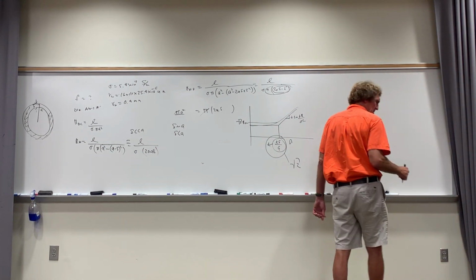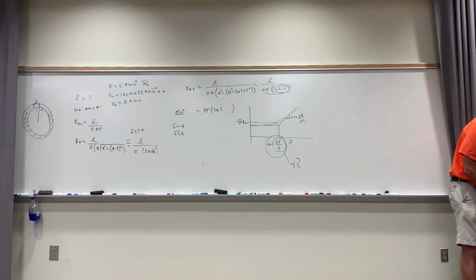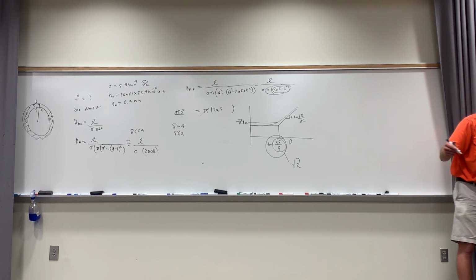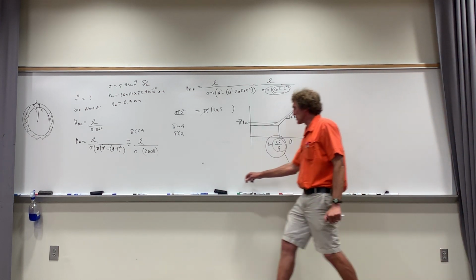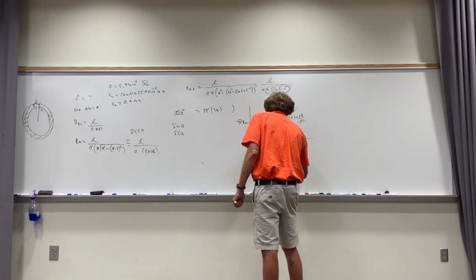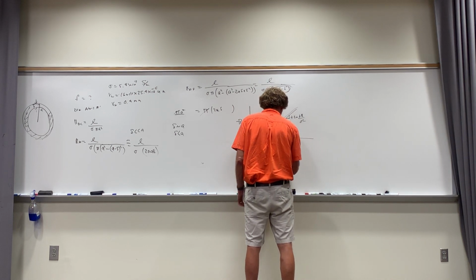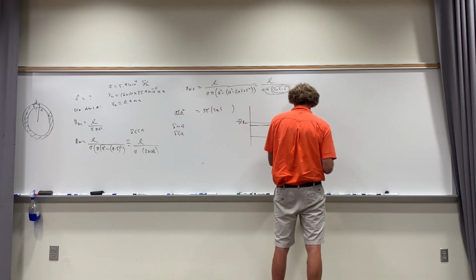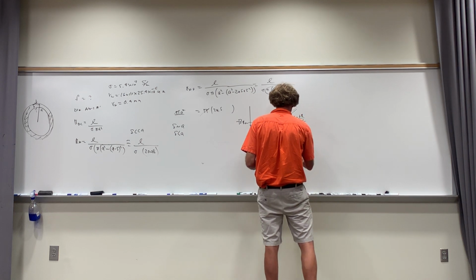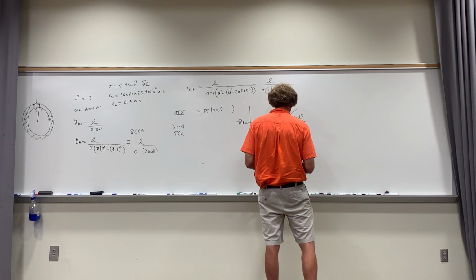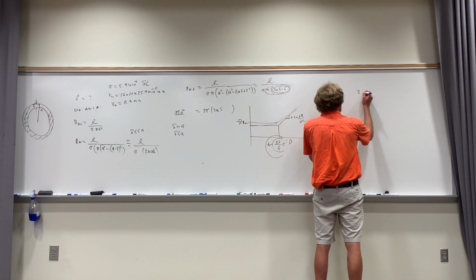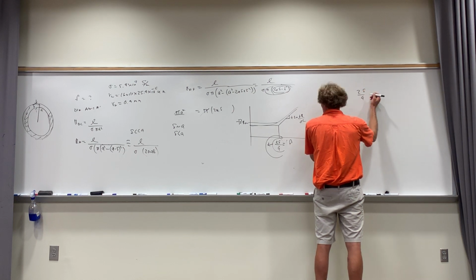Frequency roughly estimated. Oh, it's actually one, my bad. Sorry. This is actually equal to one right here. So 2 delta over A is equal to one.